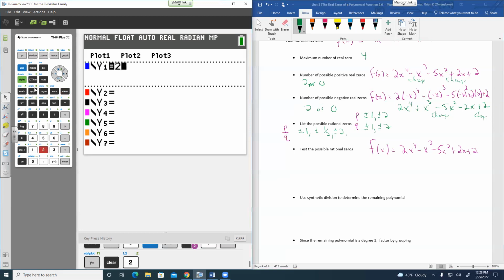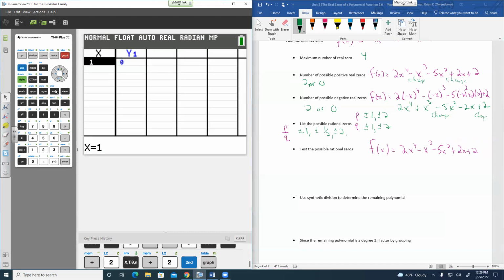And I'm going to put in 2x to the 4th minus x cubed minus 5x squared plus 2x plus 2. So if I hit second table, I can delete that off and start again. So let's start with 1 again.